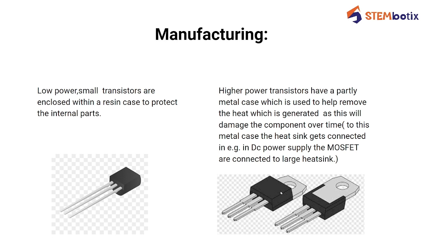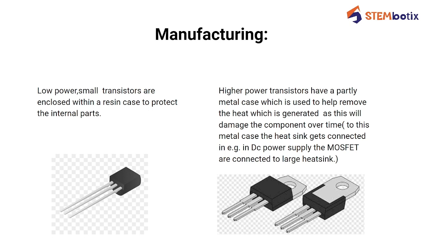So there is a partly metal case which is used to help remove the heat generated during the operation, and it helps to minimize the heat, as this higher power can damage the component over time.